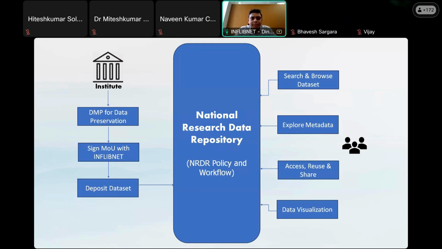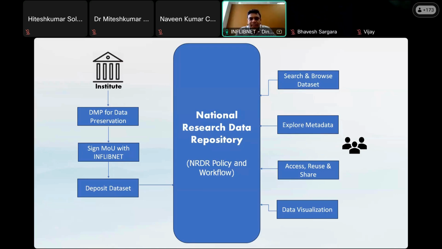From the point of view of institutions, any institution that would like to share research data generated from their institute can share it through this platform, and they have to submit those data to the National Research Data Repository. For that, they have to sign an MOU with InfluNet for sharing their data.